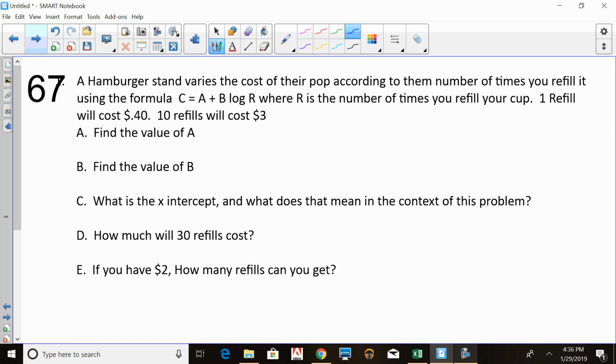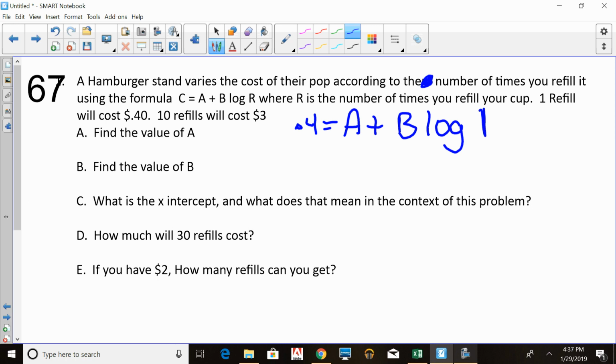Hamburger stand varies the cost of their pop according to the number of times you refill it. There's a spelling error. Using the formula C equals A plus B log R, where R is the number of times you refill your cup. One refill costs 40 cents. So therefore, R would be 1, and the cost would be 0.4. So 0.4 equals A plus B log 1.